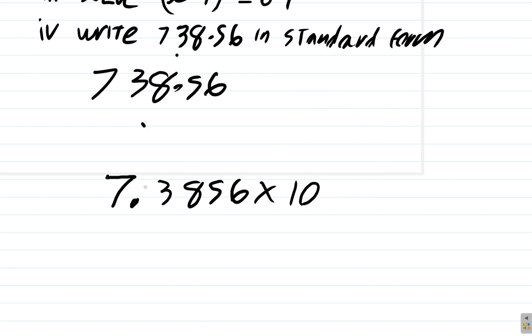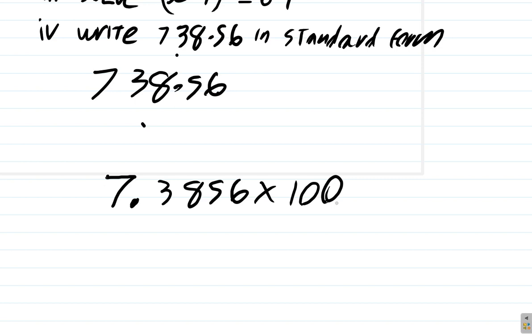Now, if you multiply 7.3856 by 100, you're going to get 738.56. So you must multiply by 100. But now remember, when you're dealing with standard form, you don't write it this way.